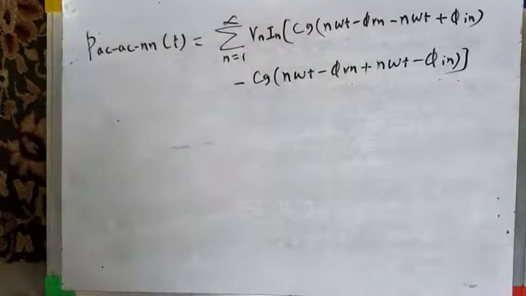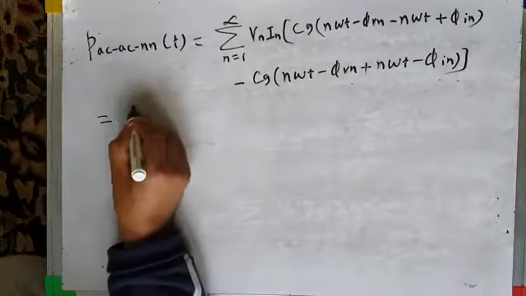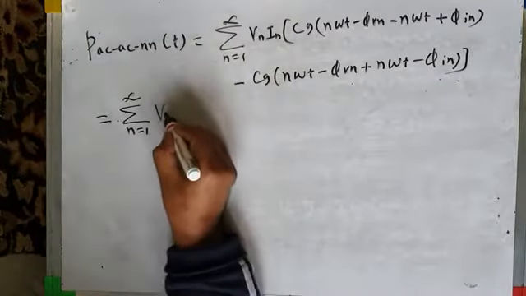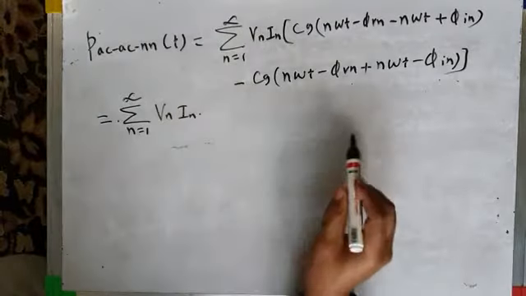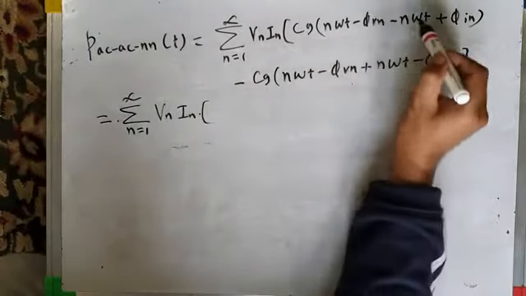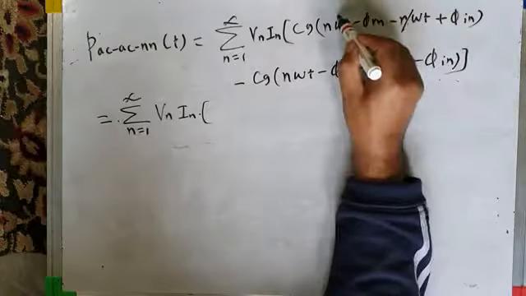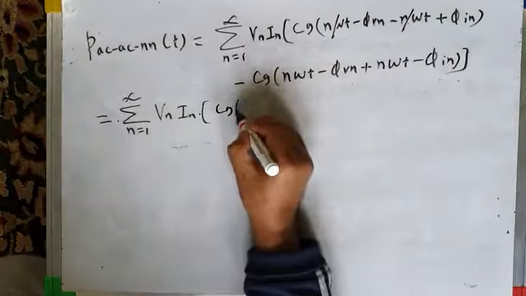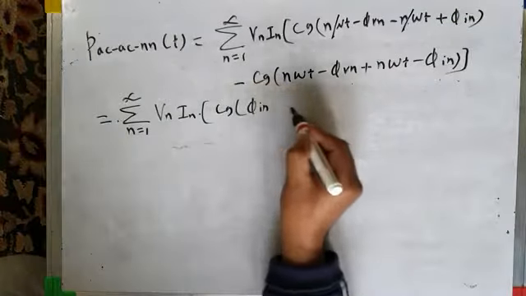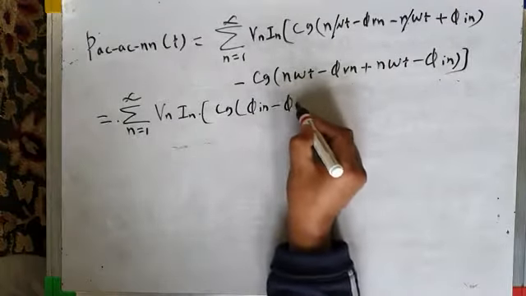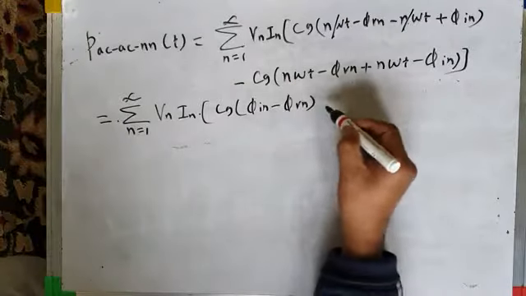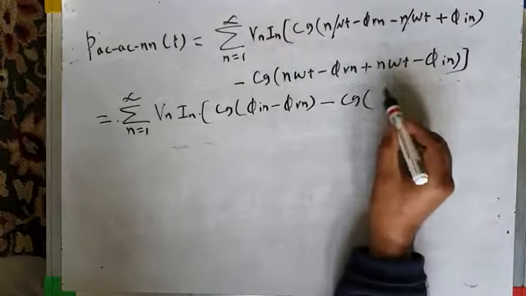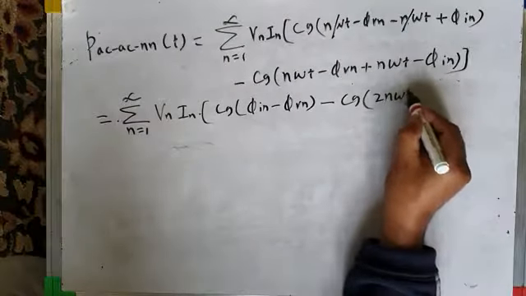So that's it. So this can be further simplified as summation n equal to 1 to infinity Vn In times, what is this? This is n omega t minus n omega t. They cancel. So you get cos of, let us write first phi In because it is a positive term, minus phi Vn. Minus cos of n omega t plus n omega t is 2n omega t.